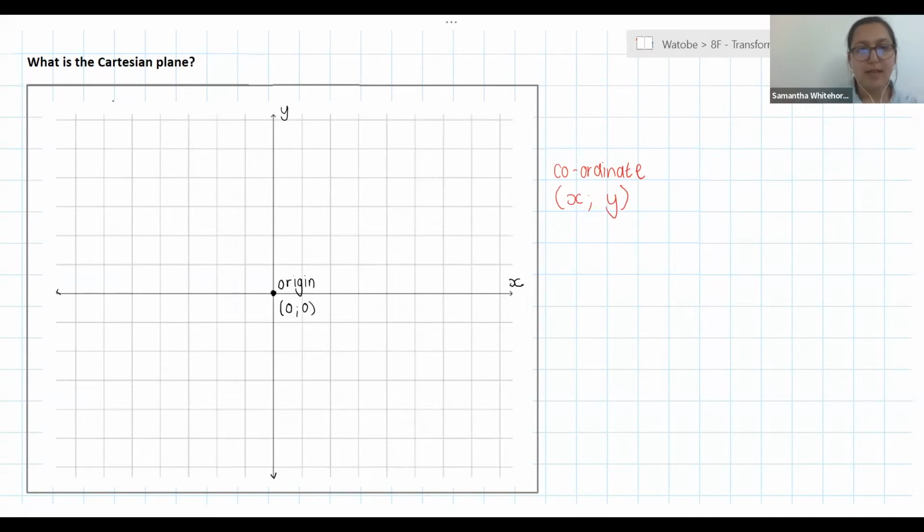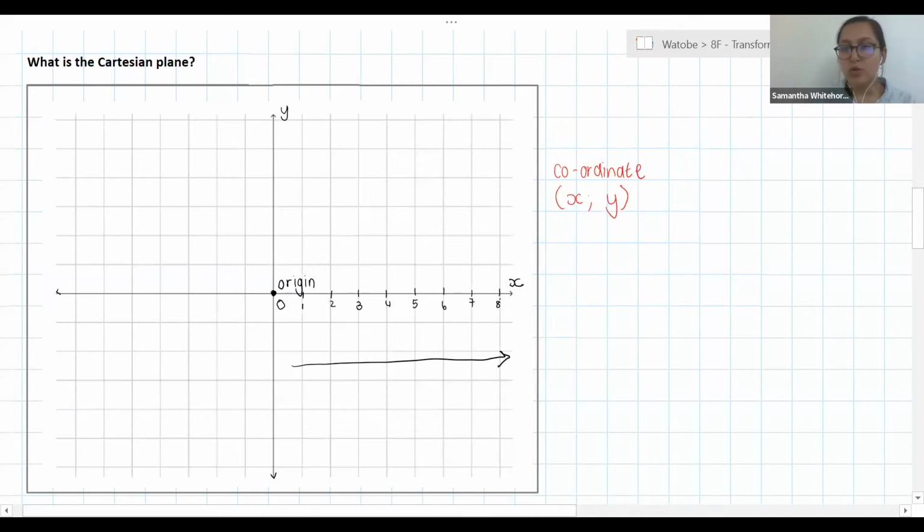And so what I mean by that is, and I'm just going to take that 0, 0 off, if we go along towards the right on our x-axis, if you think of this sort of like a number line, we're increasing. So this point here would be 0, 1, 2, 3, 4. And so what we do on our axes is we actually have a number line with which we can work and plot our coordinates. Now, how big and how small you draw your system of axes is very much dependent on what it is you're trying to plot.